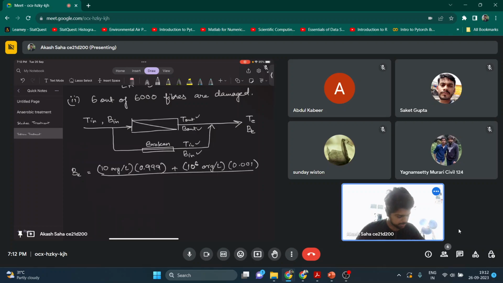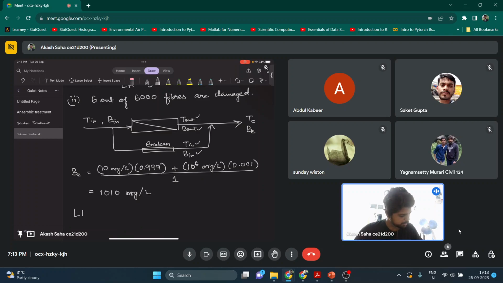This was damaged, and total is 1. It is the same Q1 C1 plus Q2 C2 equals Q3 C3, the conservation of mass formula. Ultimately it will be 1010 organisms per liter. So this will be my new plate count, or new number of microorganisms.